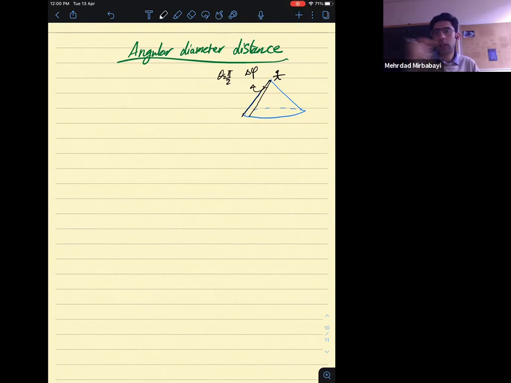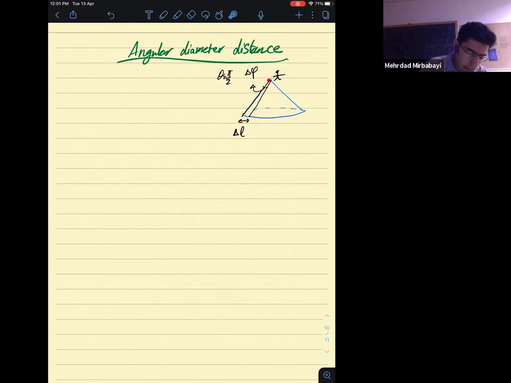If we were on flat geometry, then the physical distance between these two photons would be just delta phi times the radial distance.